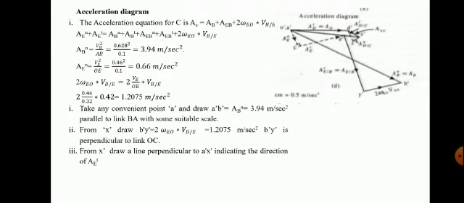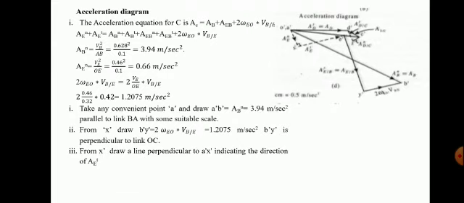From B dash you draw the Coriolis component of acceleration. This is nothing but 2 omega_EO V_BE.